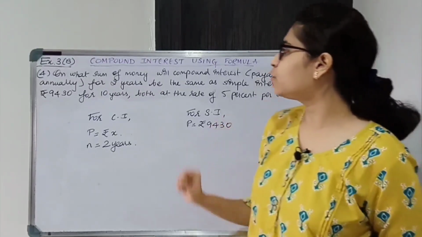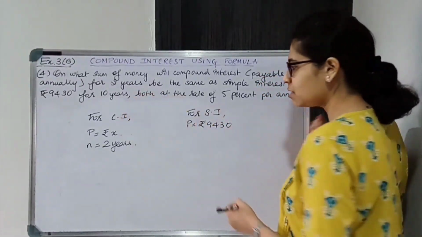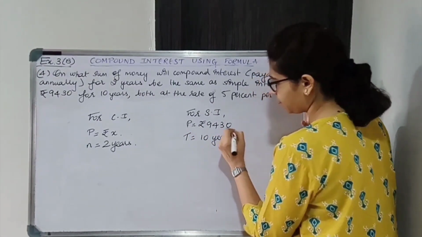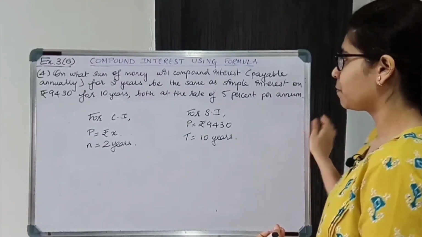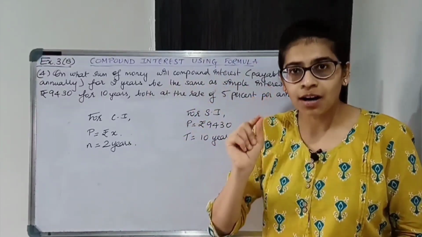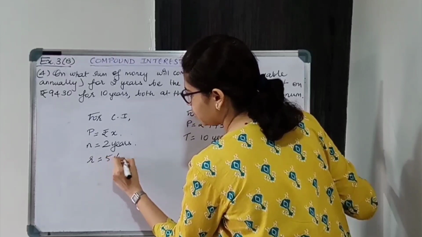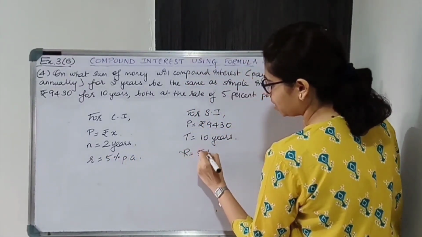Simple interest on 9430 for 10 years. So the time period is 10 years. Both at the rate of 5% per annum, both simple interest and compound interest. So R is the same. Here also it's 5% per annum.